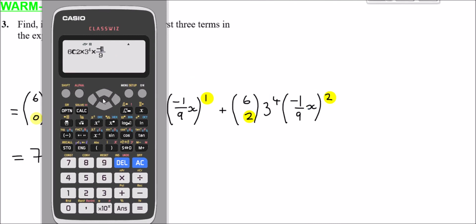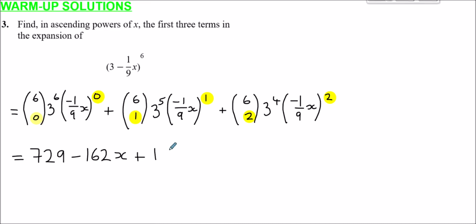So we're going to have to square this next. And what we've got here is positive 15. So we have positive 15 x squared. And of course the expansion goes on, but we're only asked for the first 3 terms, and so that'll suffice for our answer.